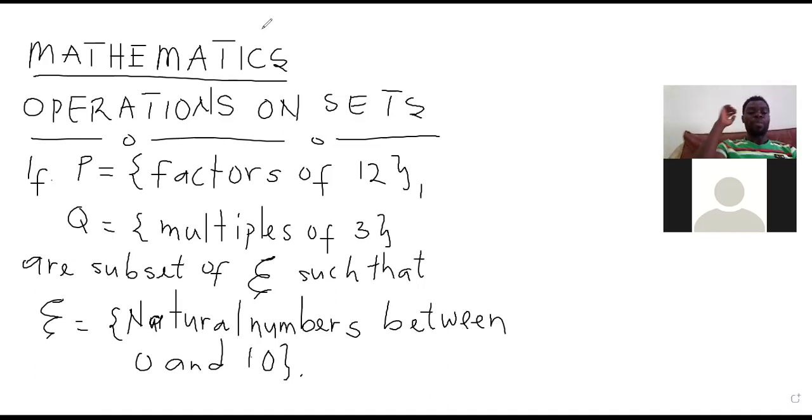And you are being asked to list the elements of P, Q, and the universal set.